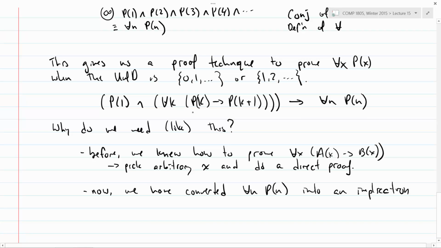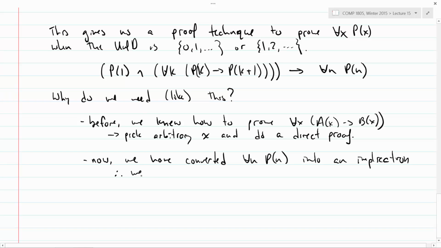And then I'm going to prove this thing, and that seems like it's worse, but it's actually easier because it's easier to prove an implication. We like to prove implications because we usually do a direct proof of that implication, right? That's the first thing we said we'd try. And when you do a direct proof, you get to assume that the thing on the left is true. And whenever you get to assume that something is true, you should be happy because that gives you leverage into doing the proof. The more facts you know, the more able you are to do the proof. So by assuming something, by going to this implication, we get more leverage, and that's what we're looking for in the proof.